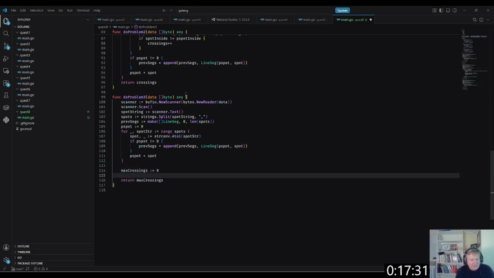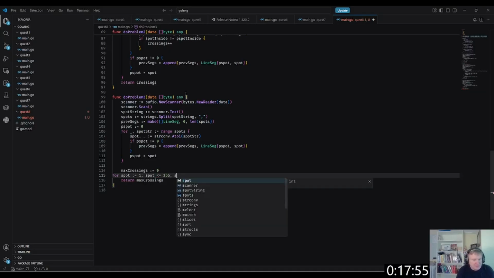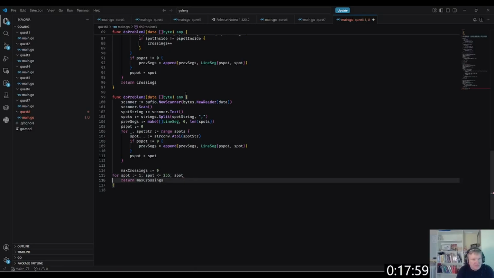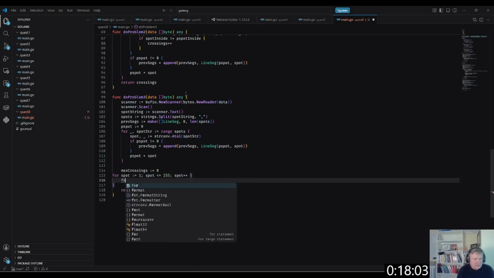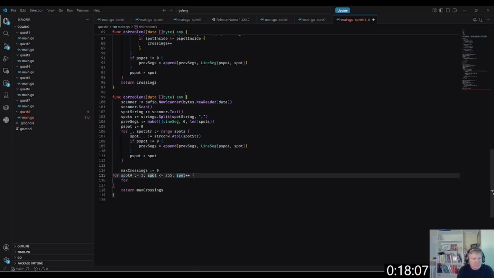Okay, max crossings, and now, for spot A := 1, spot A < 256, spot A++, for spot B := spot A plus 1, spot B < 256, spot B++.